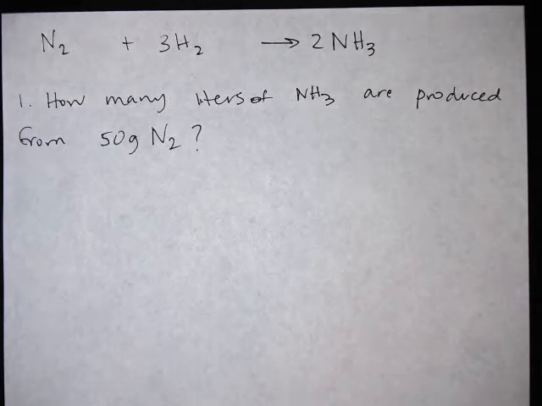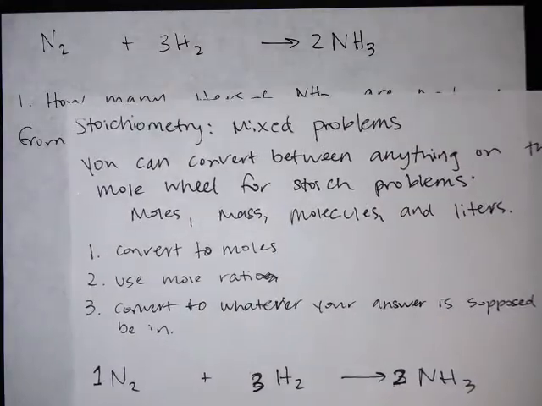The same 3 steps will always apply though, and those are convert to moles, use the mole ratio, and then convert to whatever you want your answer to be in.